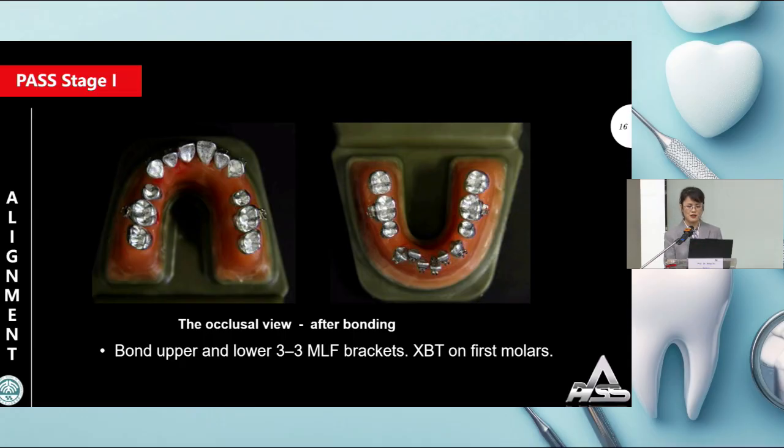Bonding position of MLF is just like the straight wire appliance, but bonding XBT on the first molar is a little bit tricky. Orthodontists used to orient the main tube direction parallel to the occlusal rim of the molar, which will make the minus 7 degree main tube act as a 0 degree tube, just like conventional buccal tubes.